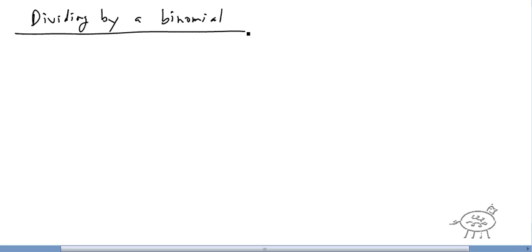I'm going to give you guys some steps first, and then we're going to use these steps to go through a problem. I'm going to erase this topic right here, but it's dividing by a binomial.